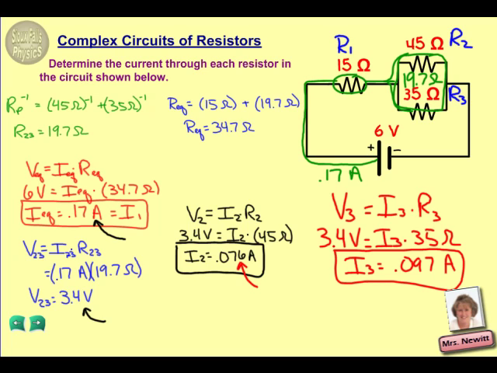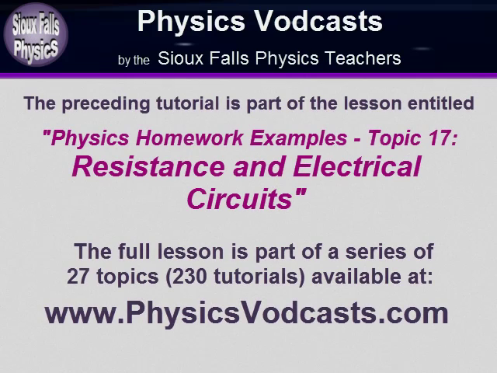So our final answers then, 0.17 amps going through resistor 1, and then splitting for 0.076 through resistor 2, and 0.097 through resistor 3.